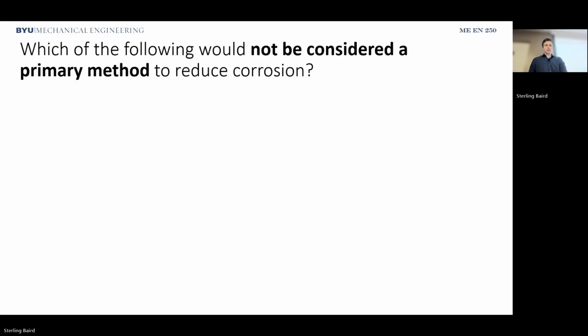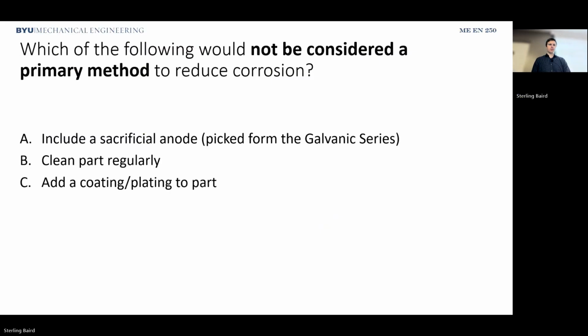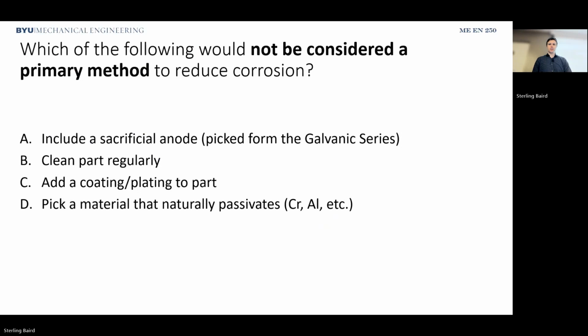And next, which of the following would not be considered a primary method to reduce corrosion? Sacrificial anode, part cleaning, coating or plating, passivating material choice.